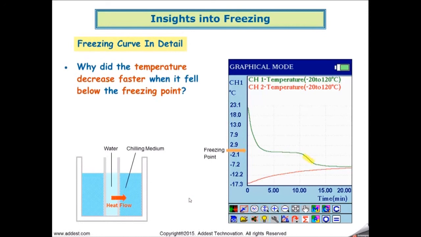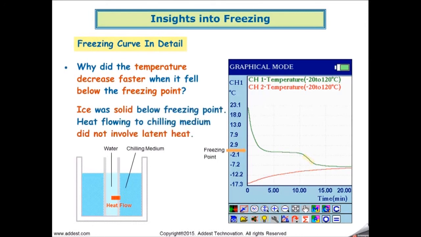Last but not least, the rate of decrease in temperature became higher when the temperature has fallen below the freezing point. The water must have completely turned into ice during this time interval.